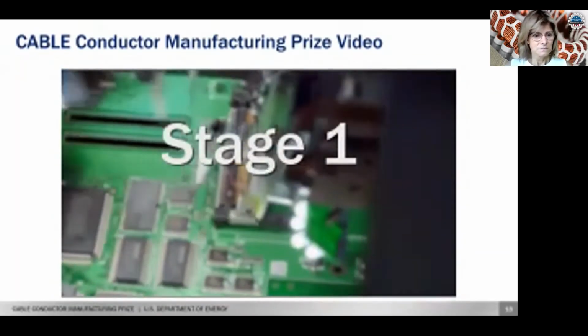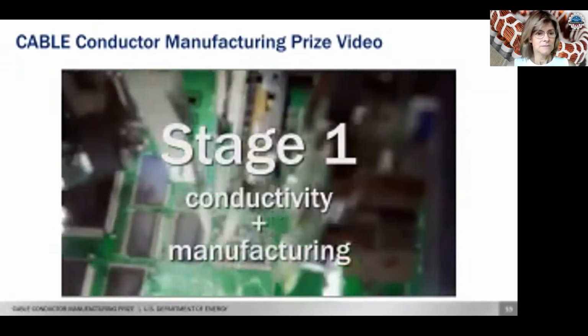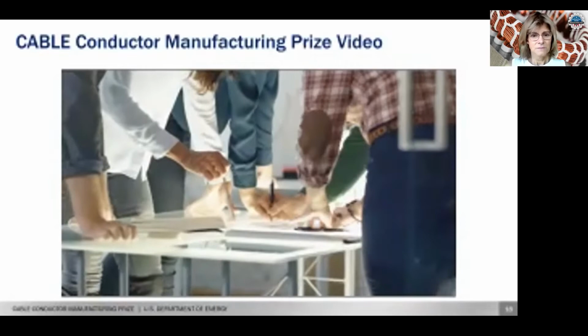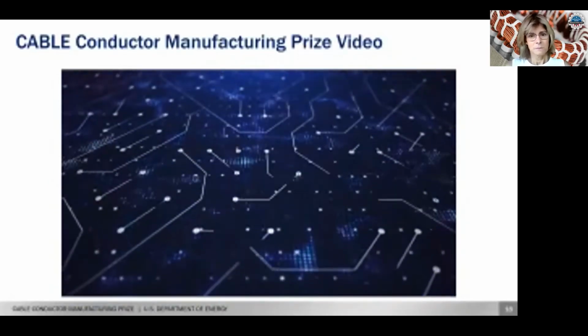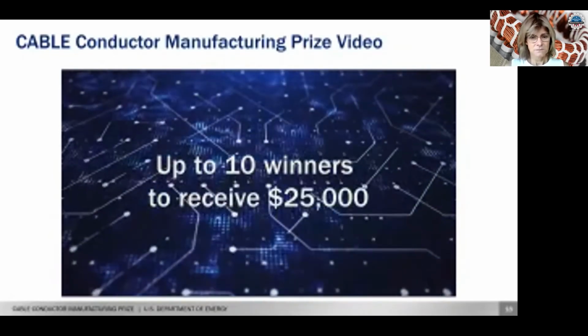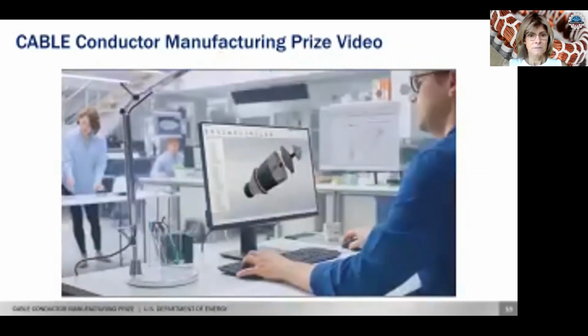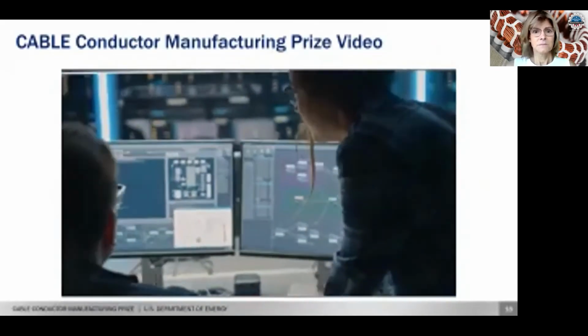Stage 1 will bring together the diverse conductivity and manufacturing communities. Competitors will submit their best and brightest concepts for developing a new conductivity-enhanced material. Up to 10 winners will receive $25,000 in cash awards, as well as a stipend for third-party testing of their material in the next stages of the prize.